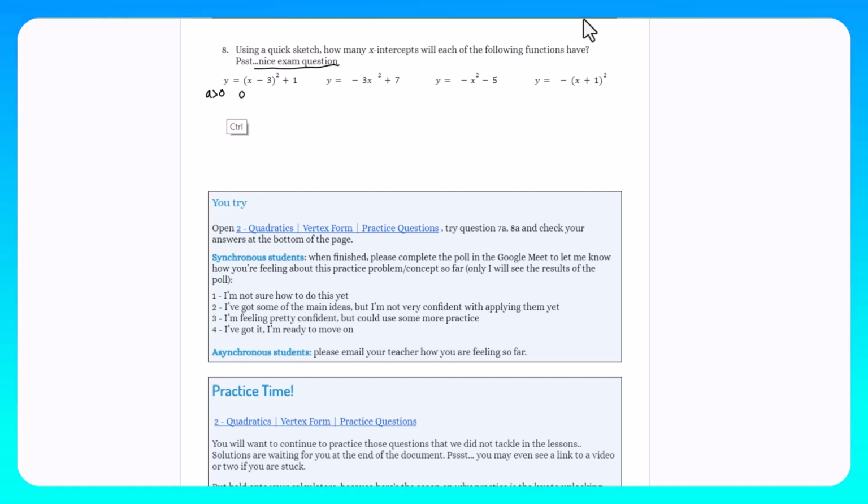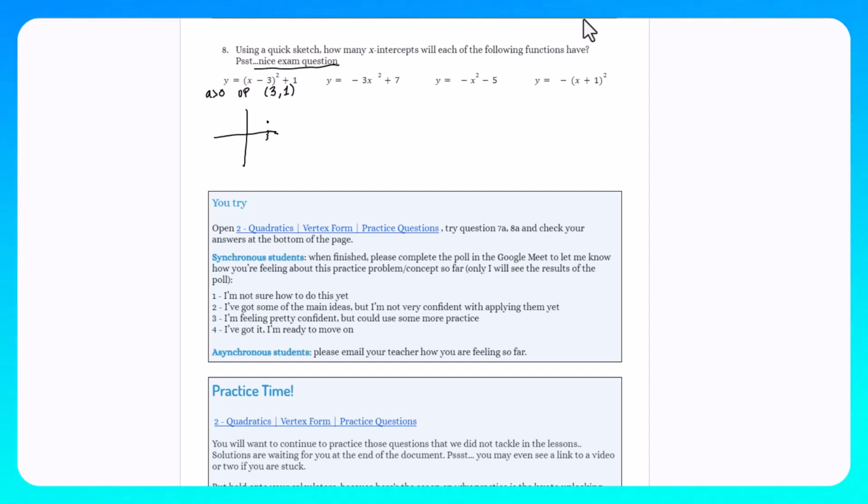That's a terrible U. That's not much better, but let's go with it. And we know the vertex is 3 and 1. So if we sketch this, well, 3 is about there, and then go up to 1.